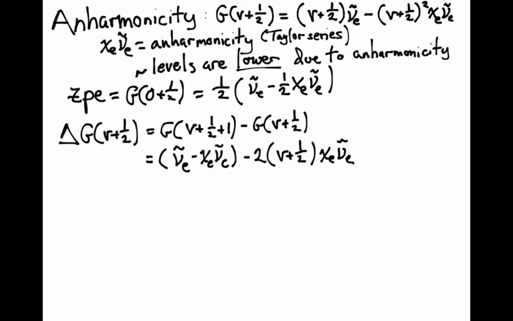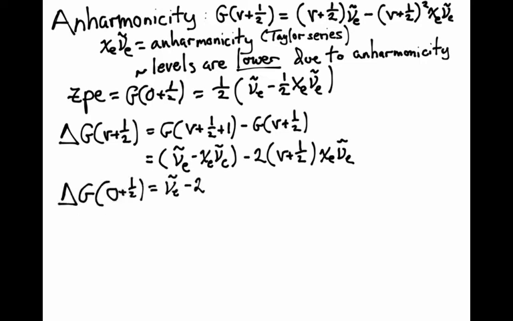So the characteristic separation is again a little bit less, because what's happening is each and every step in this oscillator is getting lower and lower compared to that characteristic nu sub e with every additional vibrational quantum number. So it starts out a little bit lower, and then it gets lower and lower because it goes like 2 times v plus a half times this anharmonicity.